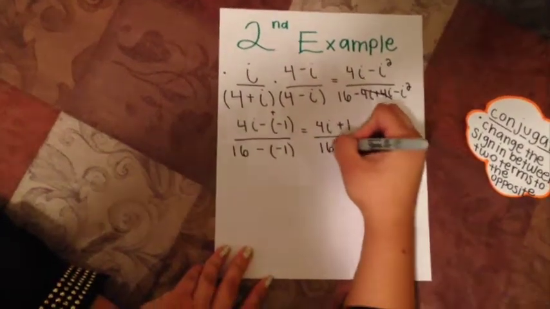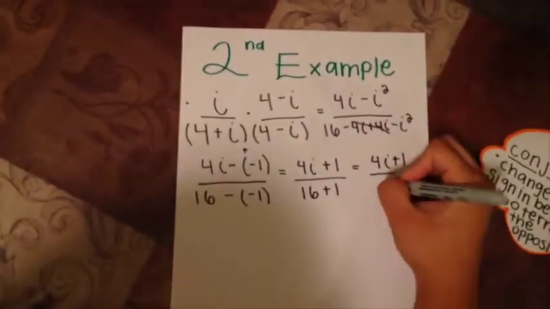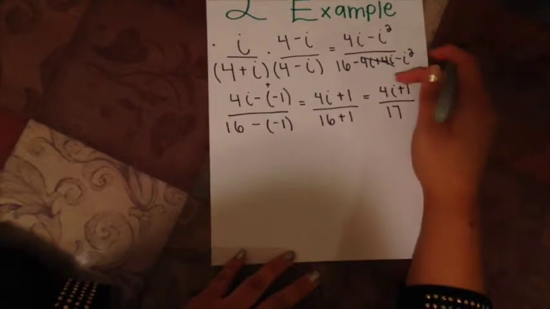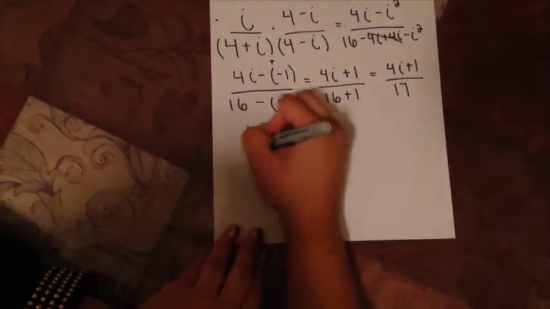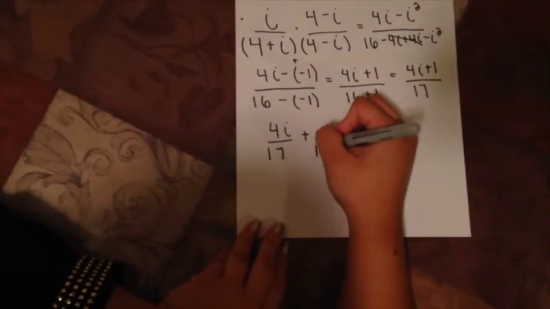So 16 plus 1. You're going to get 4i plus 1, the same thing on the top. And 16 plus 1 is 17. So since you have a binomial divided by a monomial, we have to divide into two separate fractions. We're going to have 4i over 17 plus 1 over 17.